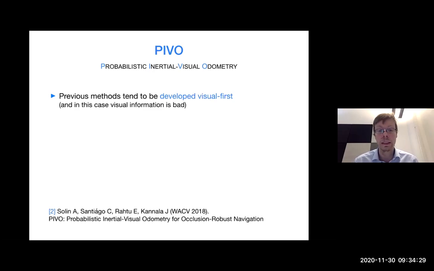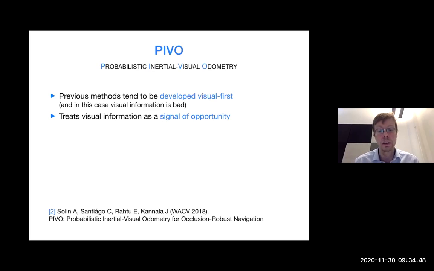But this makes these previous methods quite sensitive. So if there are occlusions or other challenges, so that one cannot track visual features all the time, then they may be very sensitive, and the tracking may break.